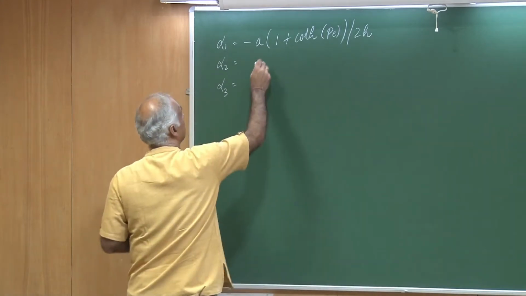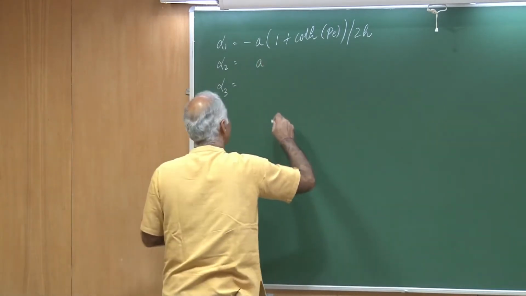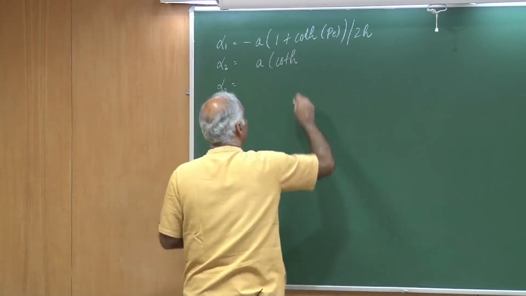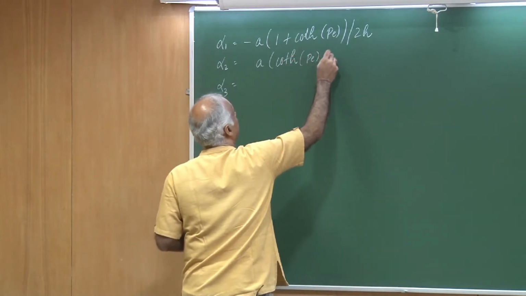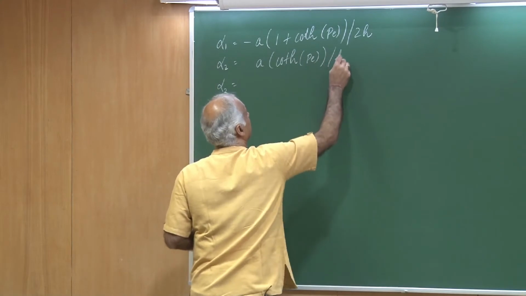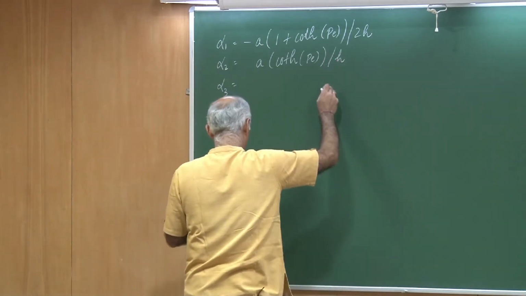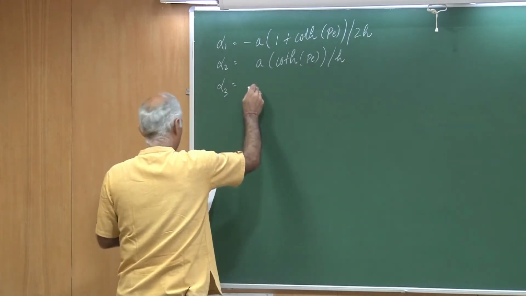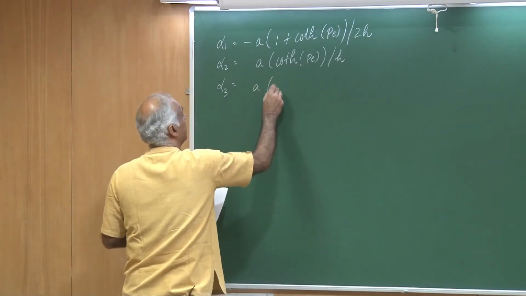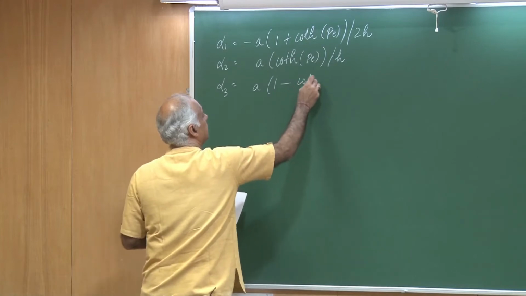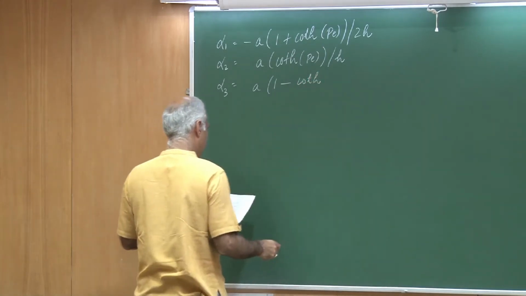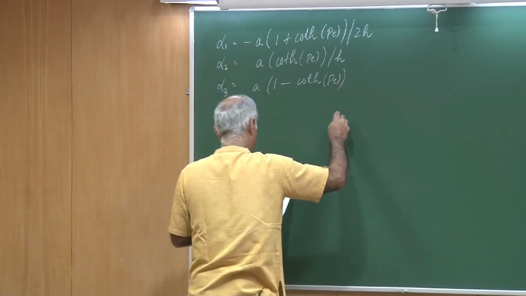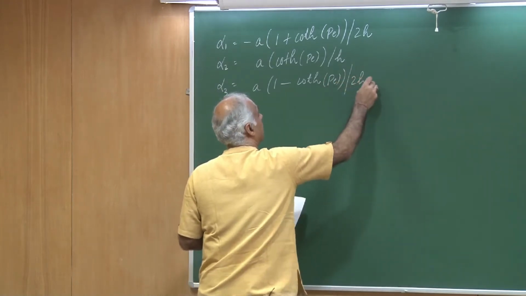Alpha 2 turns out to be a times cotangent hyperbolic Peclet over 2h, over h actually, and alpha 3 turns out to be a times 1 minus cotangent hyperbolic Peclet of 2h.